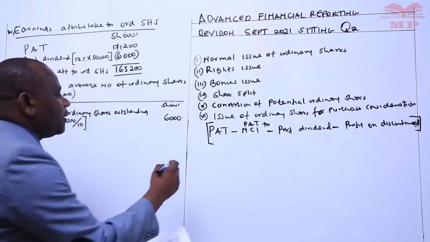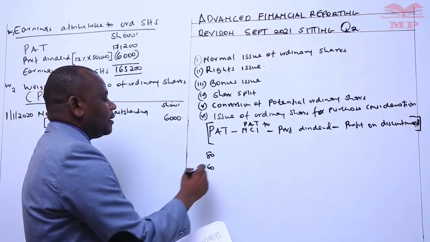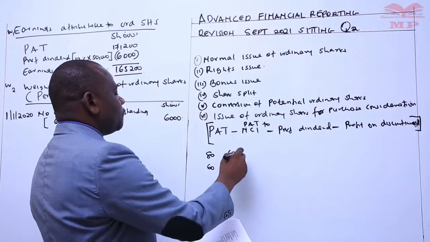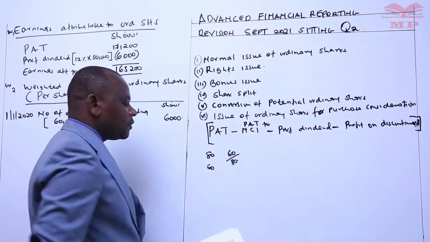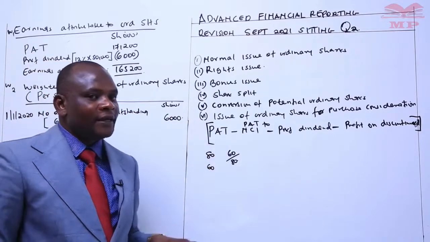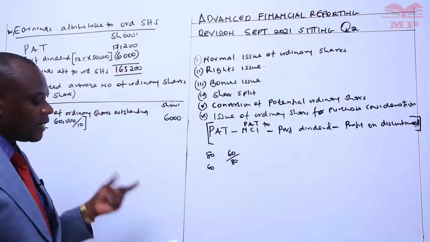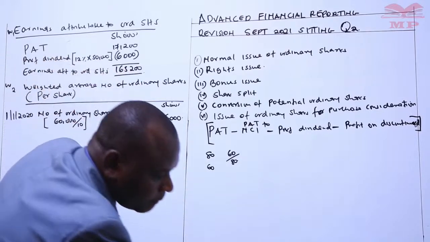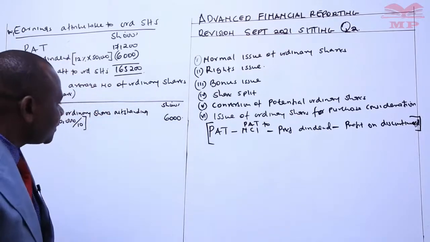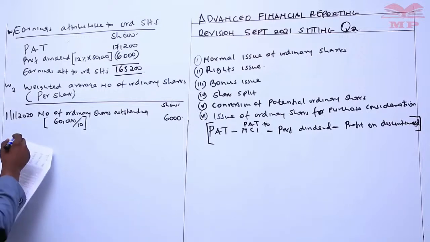So if the market price was 80 and we issued at 60, then when doing the weighing, we have to do 60 over 80, because these shareholders are not entitled to the full dividend, because they didn't pay the whole market price of the shares. They're not entitled to earnings. But in this case, it is full market price, so we don't have any worry there.